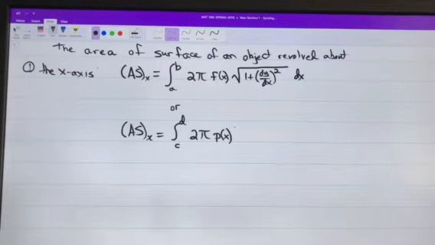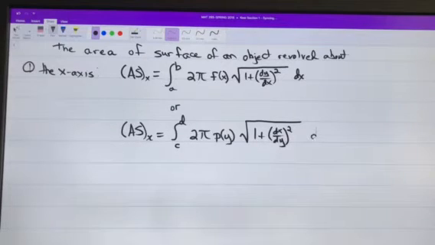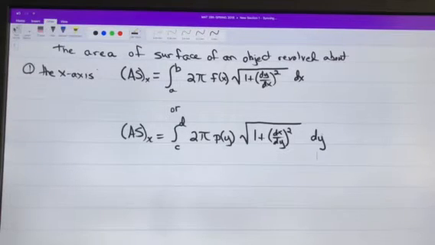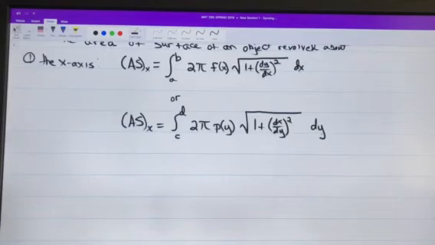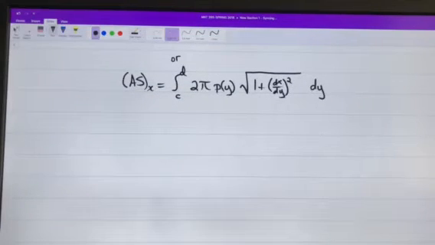And since we're looking at integrating with respect to y, we have 2 pi times p of y, times the square root of 1 plus dx over dy quantity squared, dy.